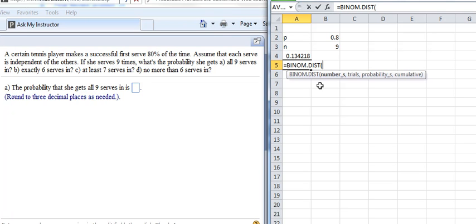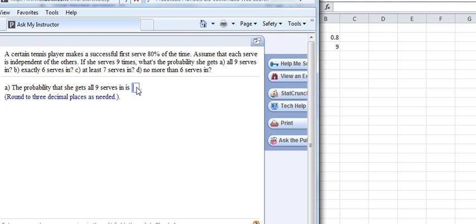So in this case, the number of successes is 9 because we want to get all 9 in, and there are 9 trials. The probability is 0.8, and we put a 0 for cumulative because we don't want it to accumulate. We want it to just be at exactly that moment. So we press enter, and notice you get the same answer. So either way works on that particular problem.